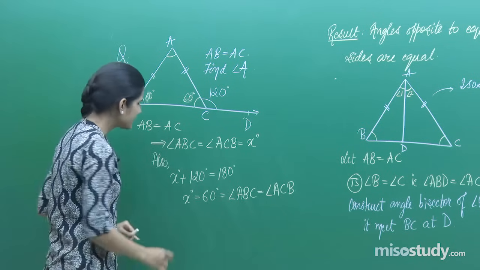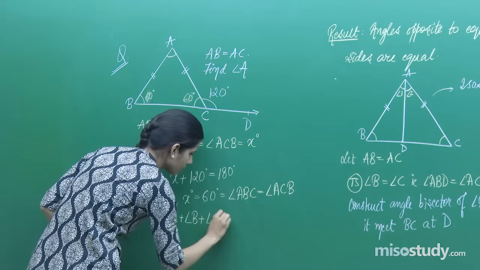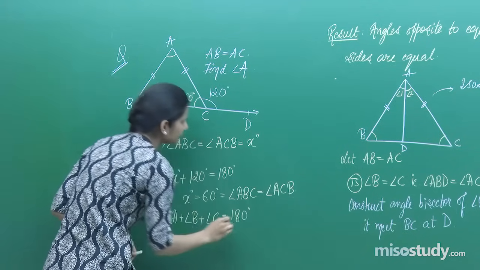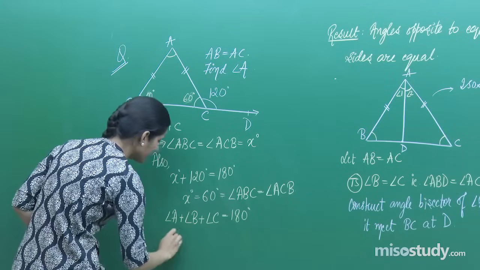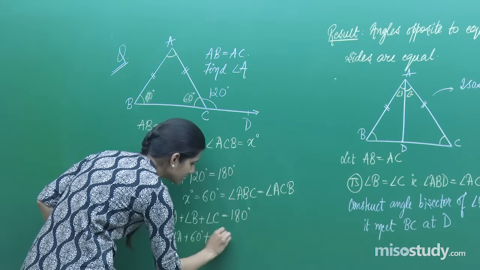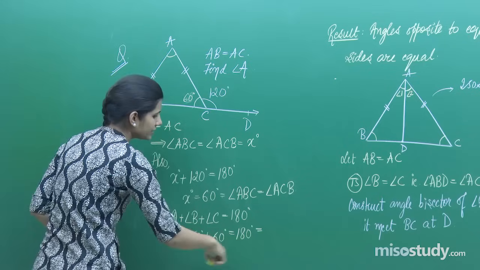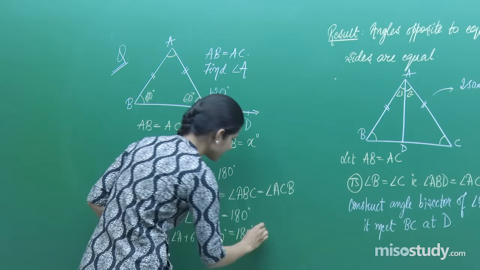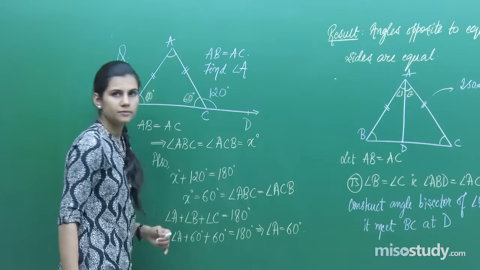Angle A plus angle B plus angle C is 180. I am talking about internal angles, not exterior angle at angle C, but internal angle at angle C. So angle A plus angle B is 60, angle C is 60, is 180. This is 120, 180 minus 120 is again 60. So angle A is again 60.